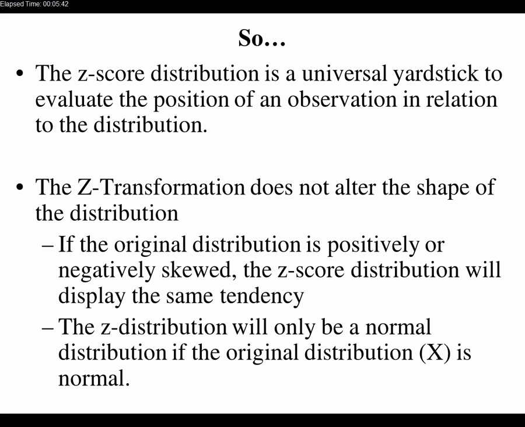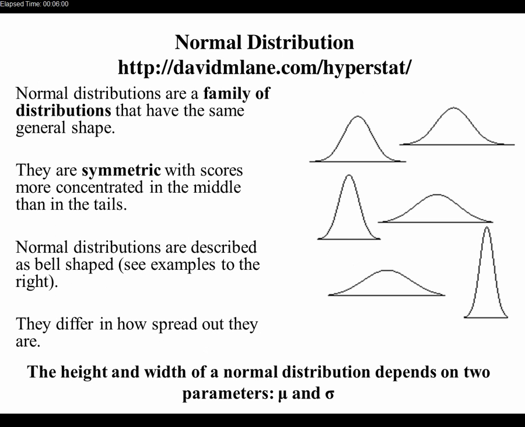The z-transformation doesn't alter the shape of the distribution. If the original distribution is positively or negatively skewed, so is the z-score distribution going to be. The z-distribution will only be a normal distribution if the original distribution is normal. All right? You remember, normal distributions are a family of distributions that have the same general shape. They are symmetric.